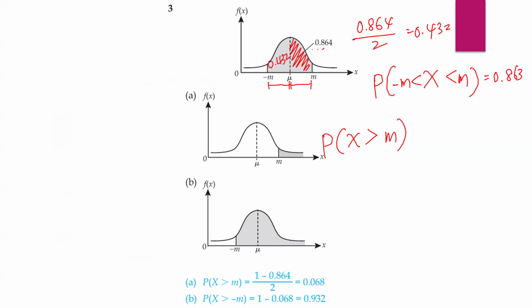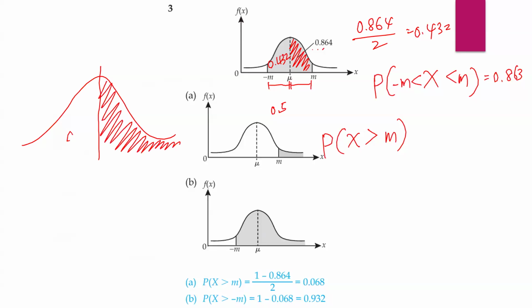Okay, so it's greater than m. So I use 0.5 because the area under the line, left-hand side and right-hand side, is the same. It's 0.5. So the probability under the line is 0.5.